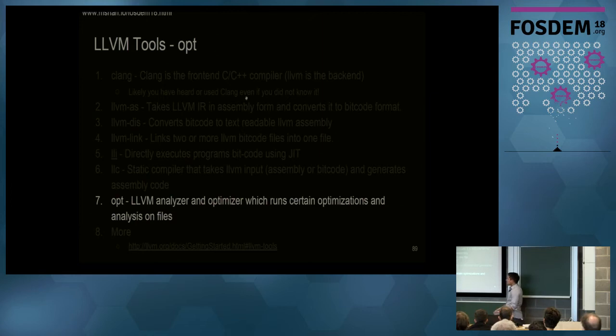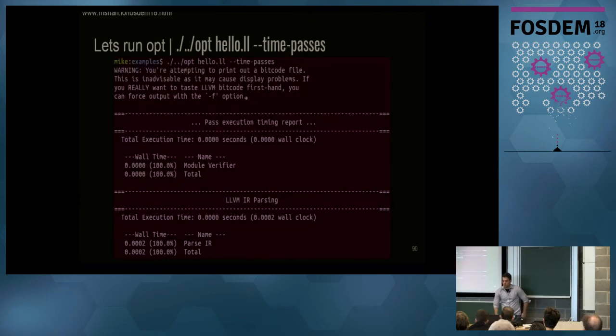Okay, so that brings us to the next tool, which is opt. This is the LLVM analyzer, but also the optimizer. So it'll run optimizations on our programs. I'm going to run opt again on our hello program, so run opt on a textual bitcode.